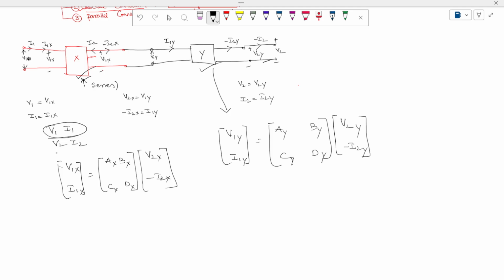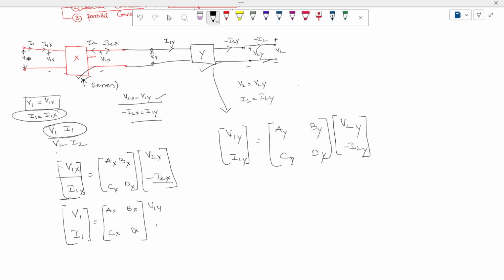V1X I can write as V1, and I1X I can write as I1. Therefore V1, I1 is equal to AX, BX, CX as well as DX. V2X I can write, from this expression, as V1Y, and I2X I can write as I1Y.